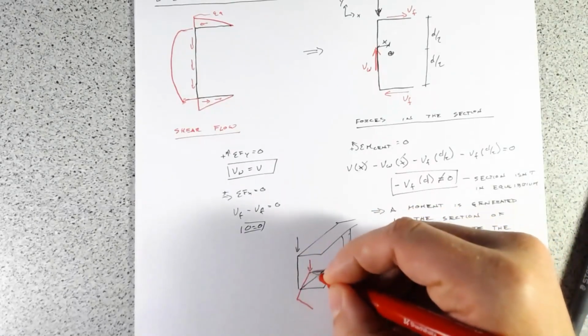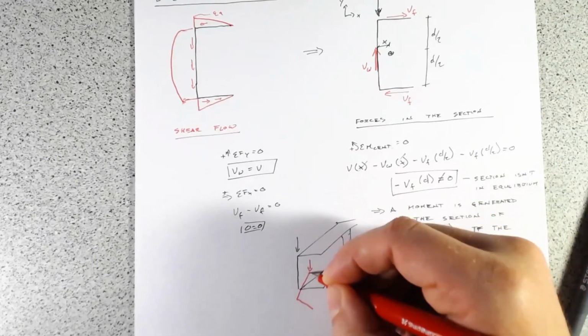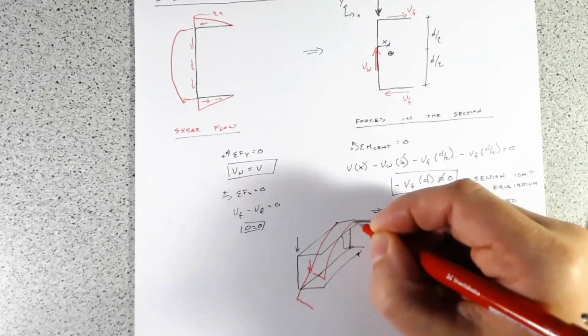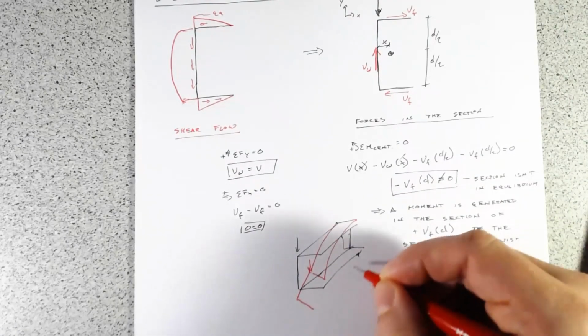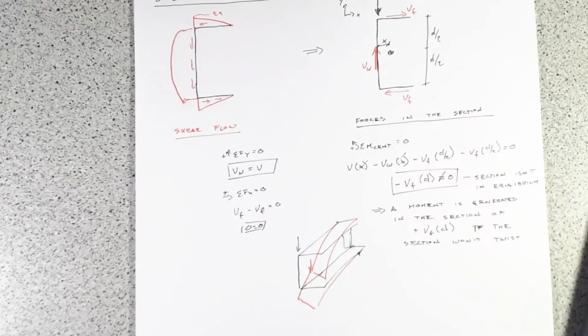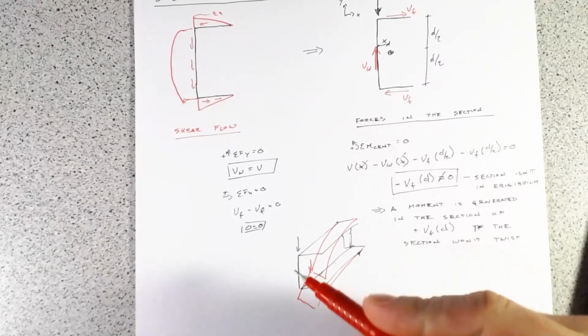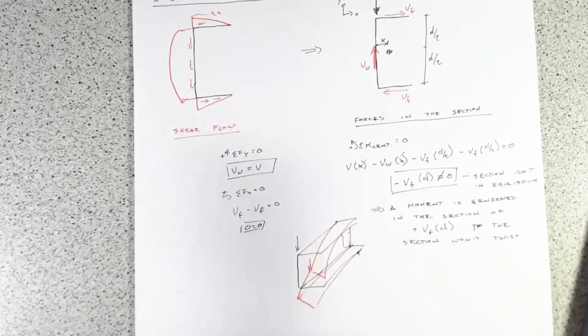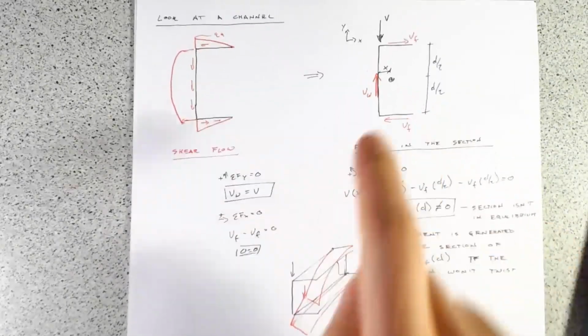The section is going to both bend and twist. That's crazy. And that's all just simply because of this shear flow.